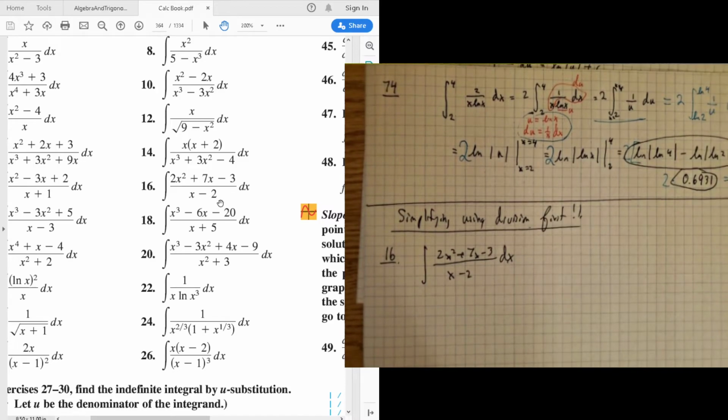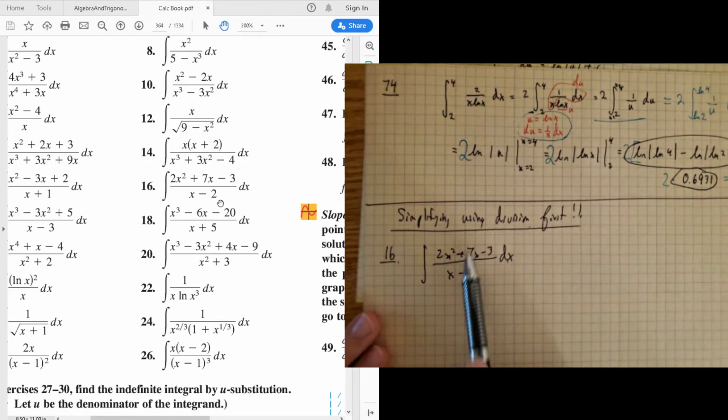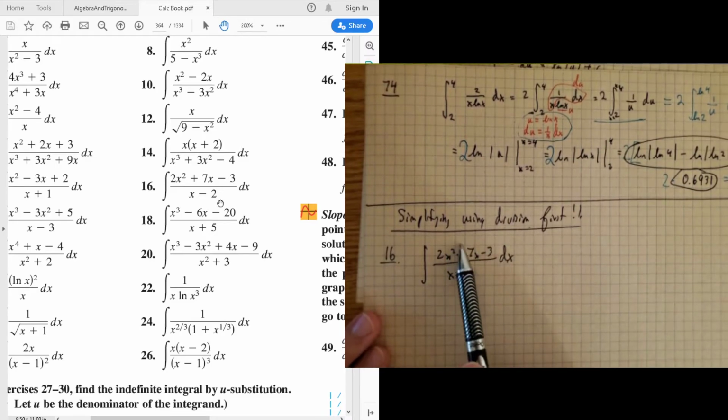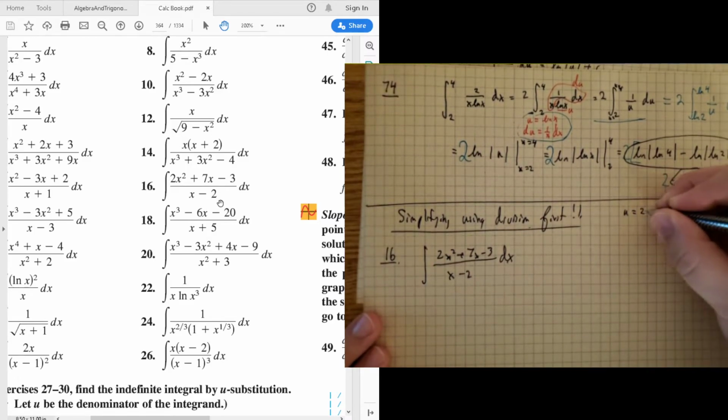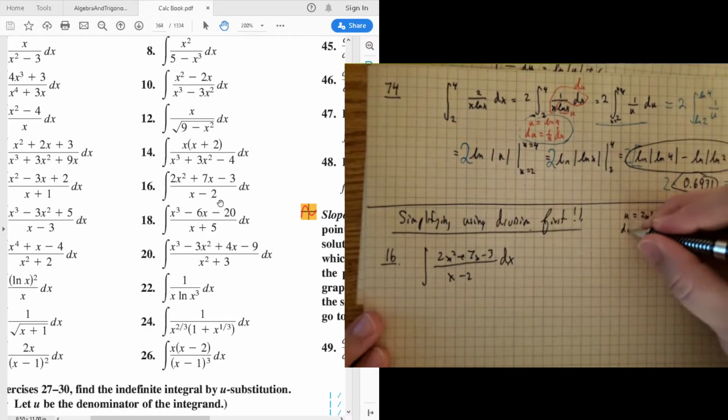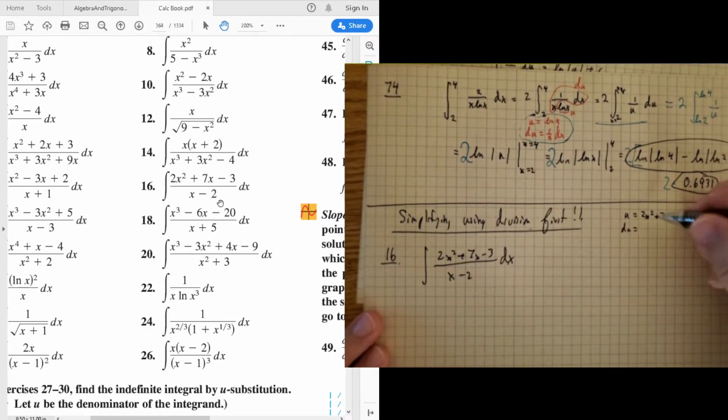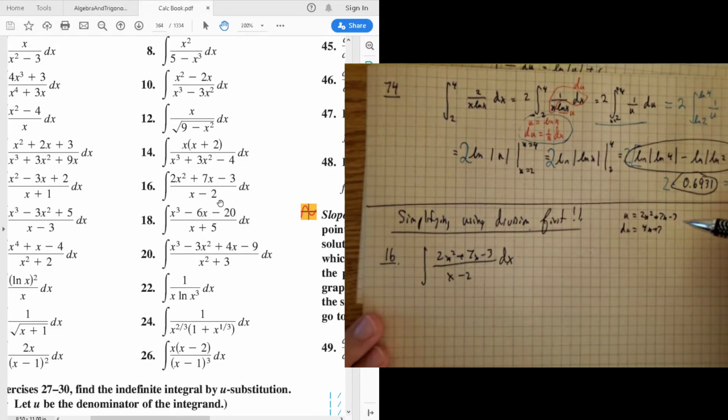Okay, so first thing to note here, big detail, if I choose any of these to be u, it doesn't work out. Now you might look at this and be like, what if I choose the top equal to u? Well, here's the thing, the bottom is in the denominator. If I choose u is equal to 2x squared plus 7x minus 3, I end up with du equals 4x plus 7, and that looks promising.